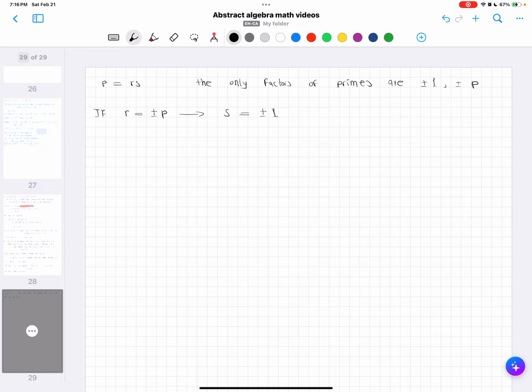And similarly, if S is plus or minus P, then the R would be plus or minus 1, and we are done.